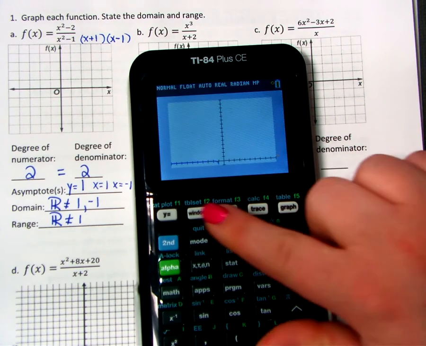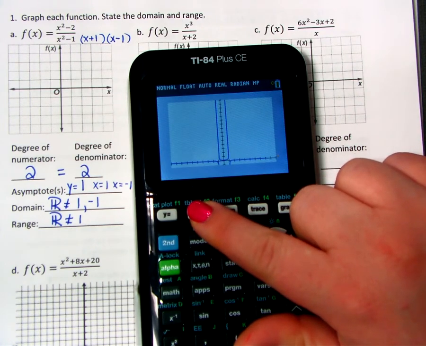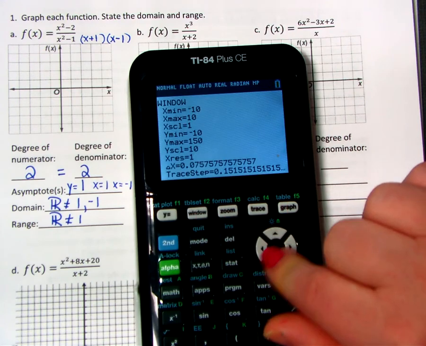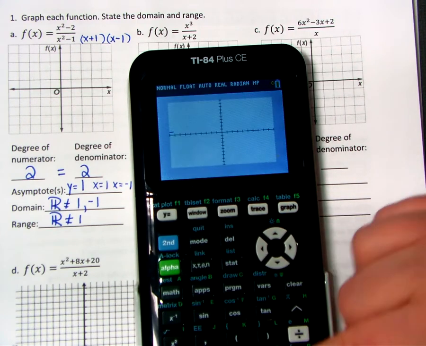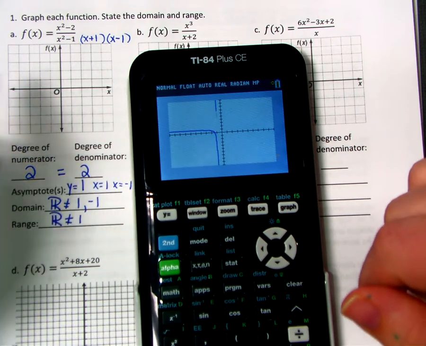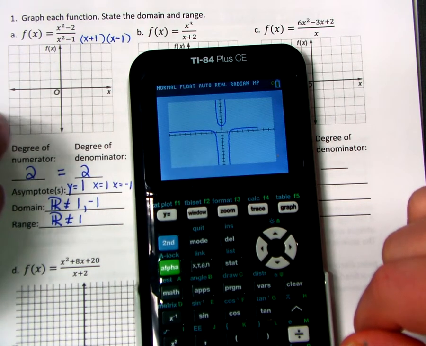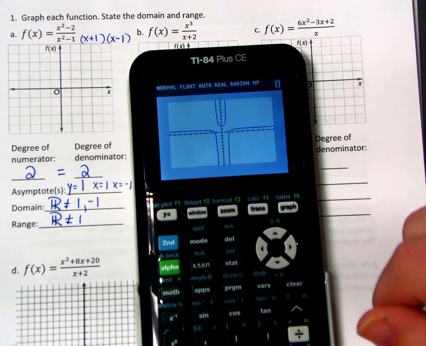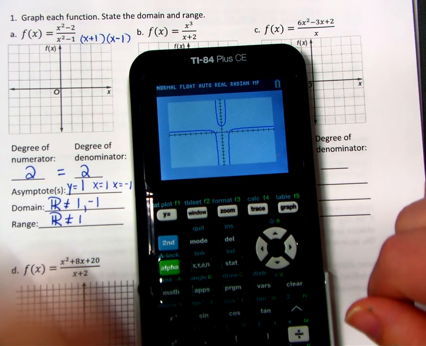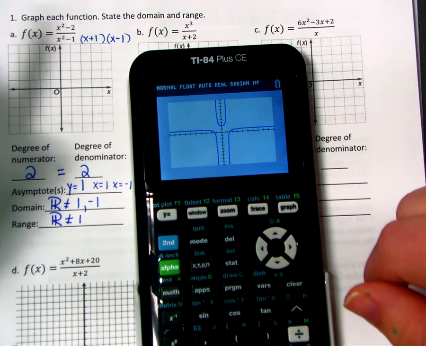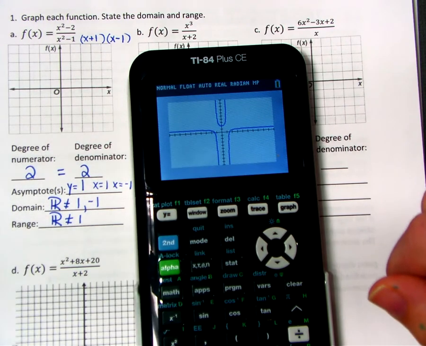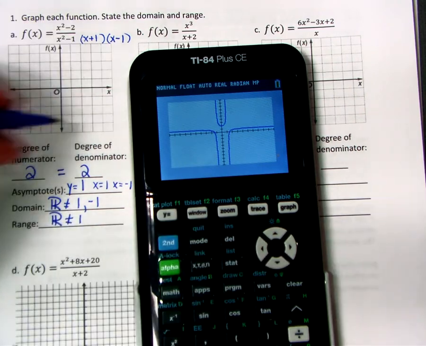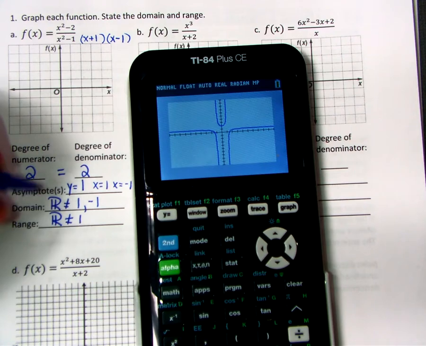Because our graph, I still have a weird window happening. Our graph only goes from -5 to 5 approximately. So we want to make sure that we would be able to see that on our graph. And it looks like we would be able to see that. There's nothing super weird or anything of that nature. So let's take a look here.